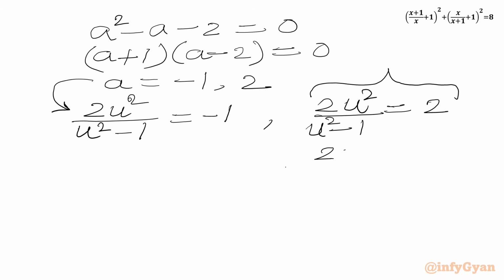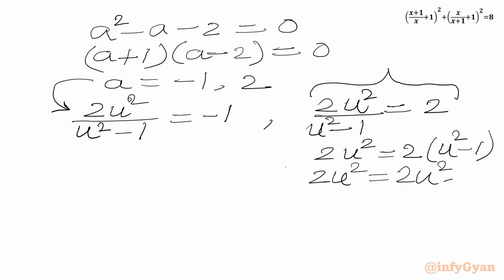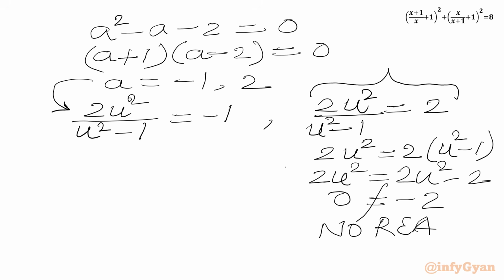We'll cross multiply terms. 2u square will be equal to 2 times (u square minus 1), which is 2u square minus 2. Now we will subtract 2u square from both the sides. We'll get 0 equal to minus 2, which is not true. That means no real solution will be here. No real solutions or no solutions are possible. We will reject this equation.